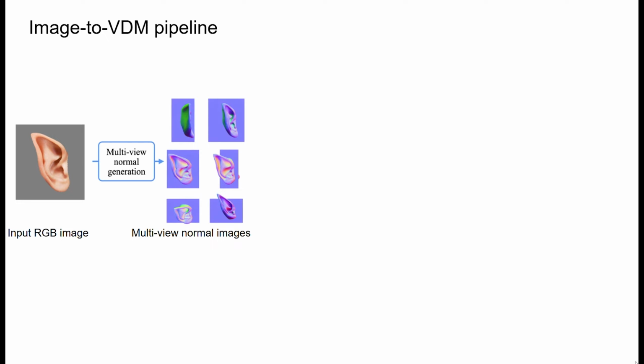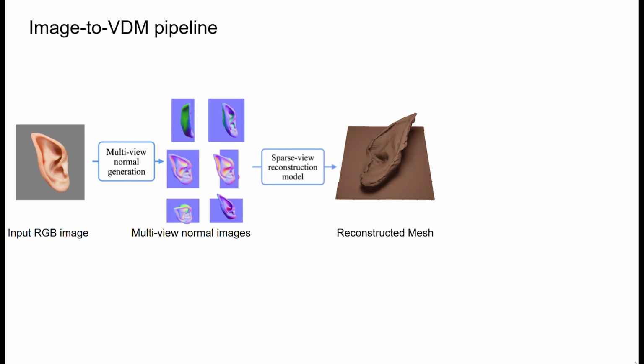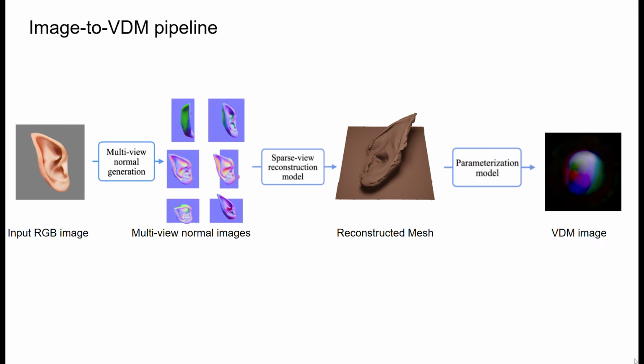Firstly, given an input RGB image, we predict normal maps from multiple viewing directions to resolve occlusions that may be hidden in a single view. We then reconstruct a mesh by fitting a neural signed distance function to the multi-view normal maps. Third, we use a neural deformation model to displace points on a 2D rectangle to fit the mesh, forming the final VDM image that can be applied to the base mesh.